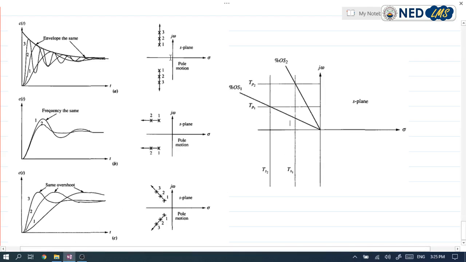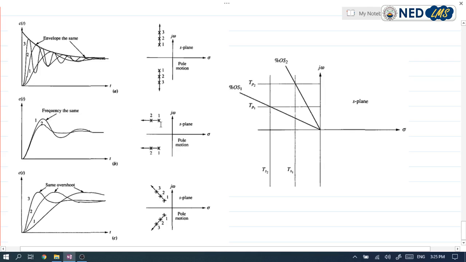So these are the step responses. In this case the poles have the constant real part, and due to constant real part all the waveforms follow the same envelope and will settle down at approximately the same time. They have different frequency but their settling times are the same.